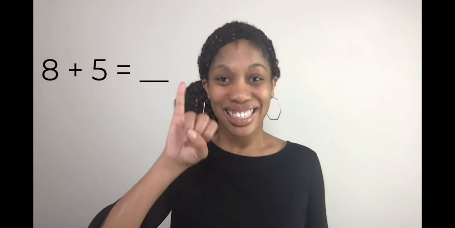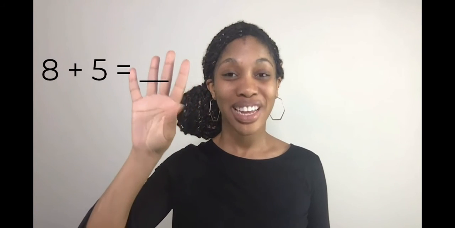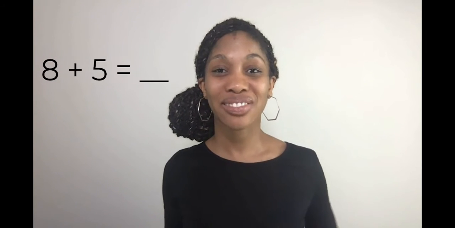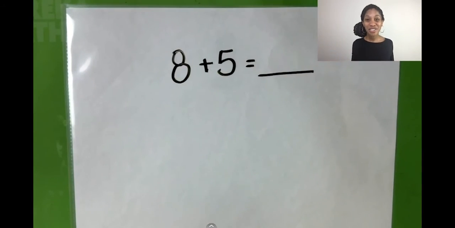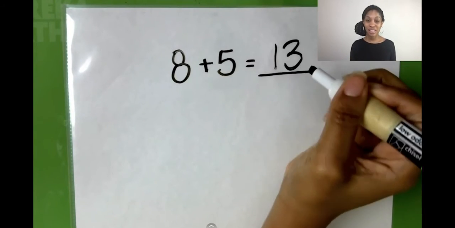I heard a lot of different ideas. I heard one person say that we can count on, like this: 8, 9, 10, 11, 12, 13. What's 8 plus 5? That's right. 8 plus 5 equals 13.